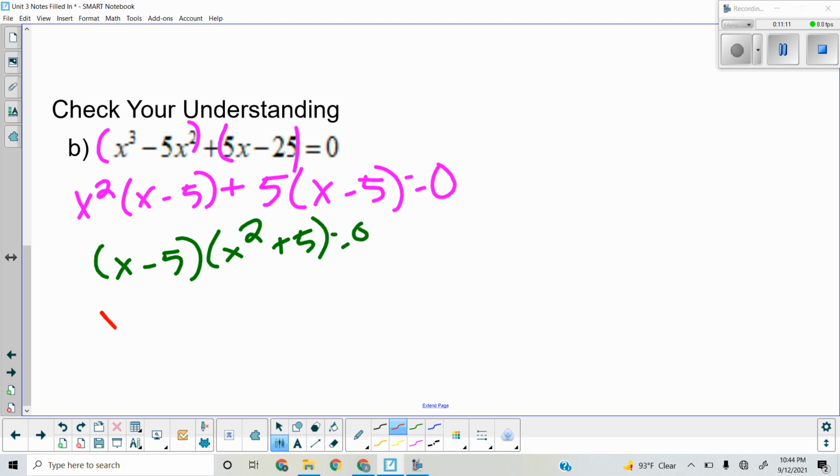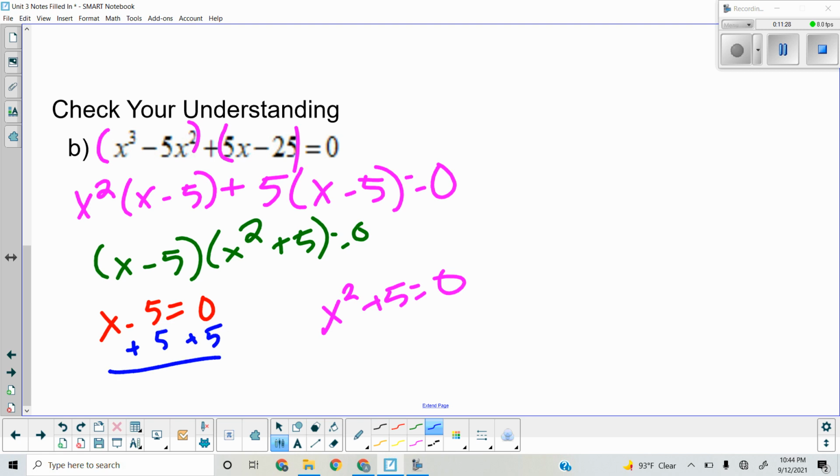So we set those both equal to 0. Can add 5 in this first one, getting us x equals 5. Now for the second one, we subtract 5 on both sides.